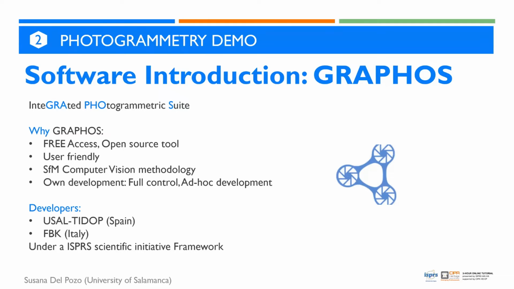So this gives us full control and allows us to tailor its capabilities to our needs. And finally, I would like to highlight that behind GRAPHOS are two leading institutions, the University of Salamanca and the FBK in Italy, and that its development was possible thanks to an ISPRS scientific initiative.